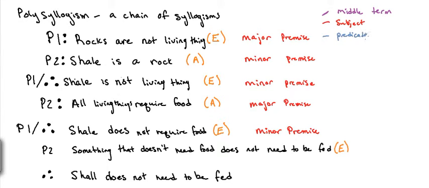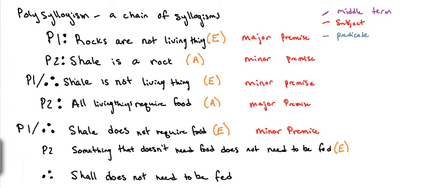And I've already gone down and labeled what form these propositions are taking. And I've labeled the major and minor premises. So, premise 1, rocks are not living things.